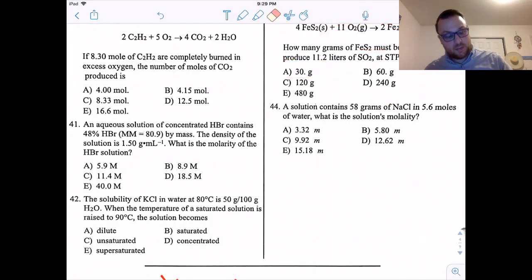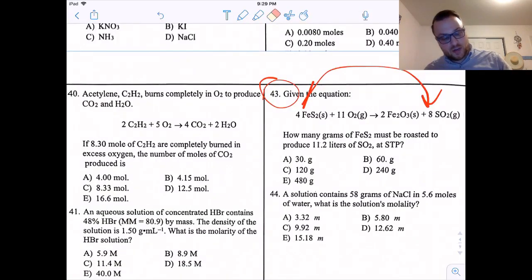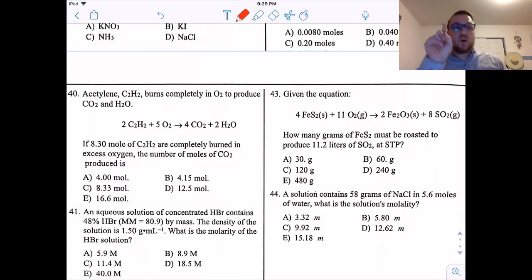Problem 2, proportion. Problem 3, convert out of moles. Because if I said convert 11.2 liters to moles, done. If I said convert half a mole to grams, done. Piece it all together into 3 separate problems, and then maybe that helps.